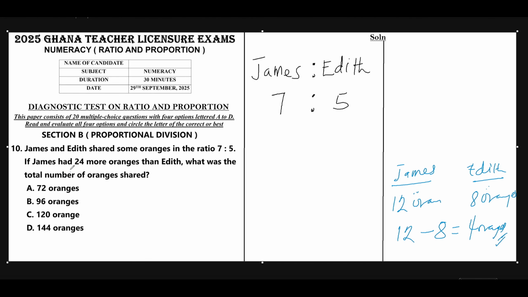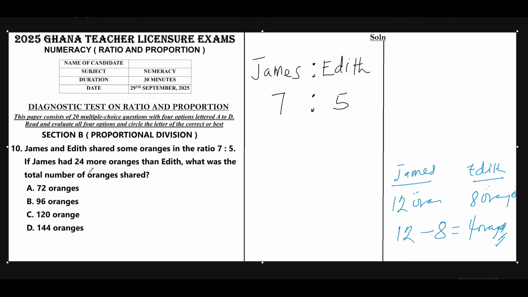So again, if James received 24 more oranges than Edith, then when we find the difference between the number of oranges received by James and that of Edith, that should give us 24. So what ratio must correspond to the 24 oranges?